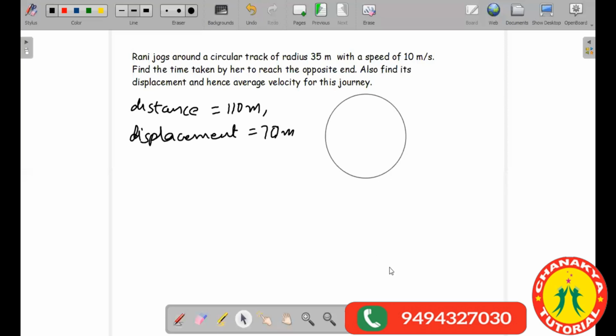She is moving in a circle, and suppose she started from here.